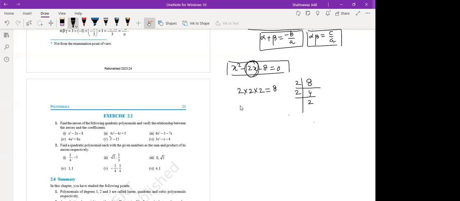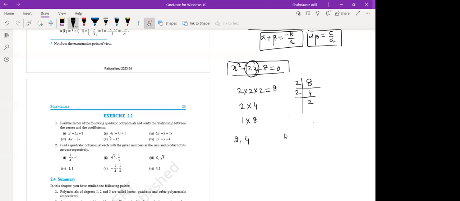One combination would be 2 into 4, and the other combination would be 1 into 8. So these are the two combinations. Which combination will give me minus 2? Sir, 2 and 4. So 2 and 4 we'll choose. And what would be the sign of 2 and 4?